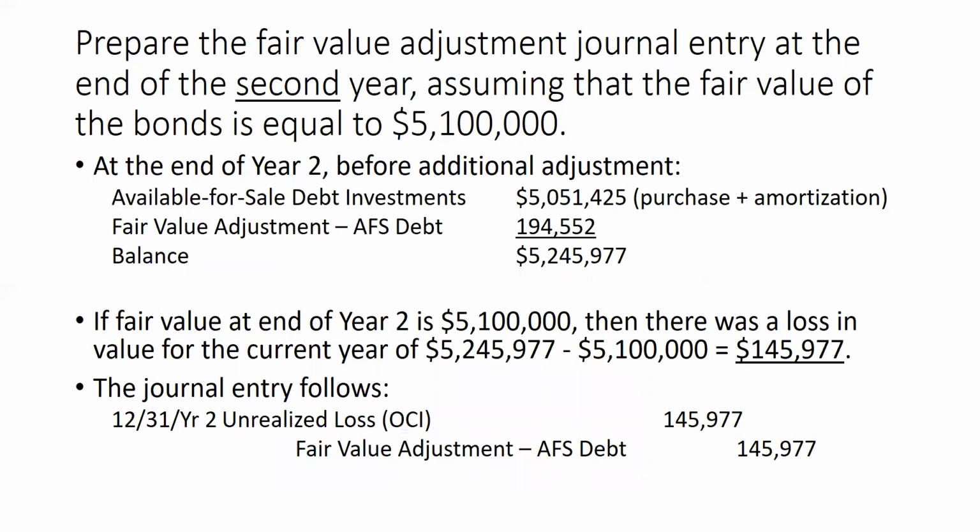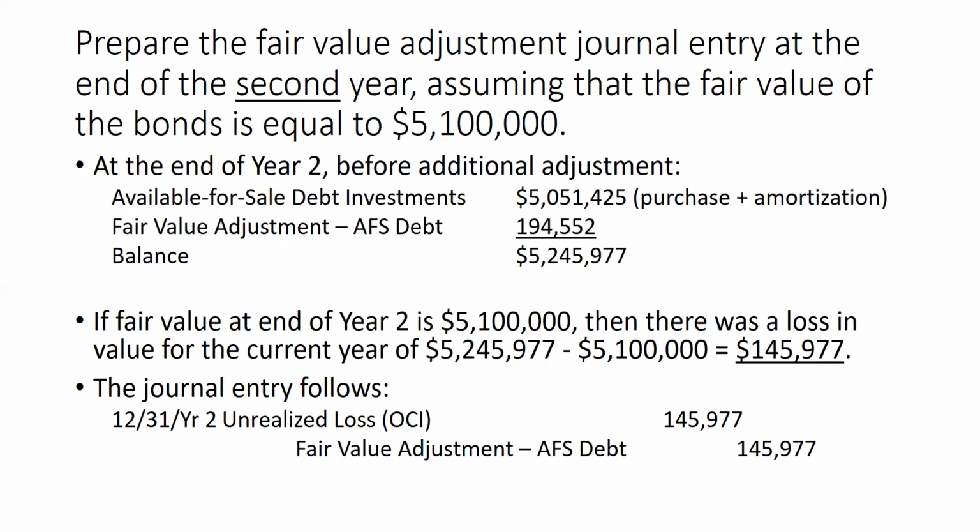And the fair value adjustment account has a debit balance of $194,552, resulting in a total balance of $5,245,977. You'll see that the fair value of $5,100,000 is less than that.